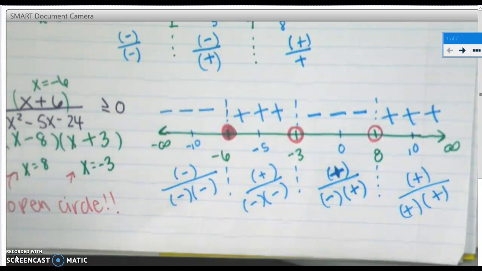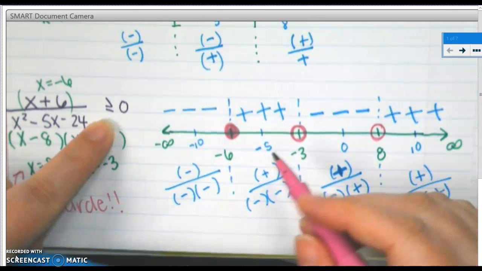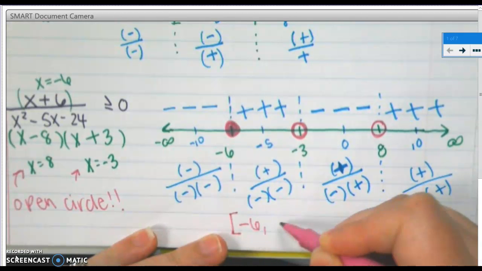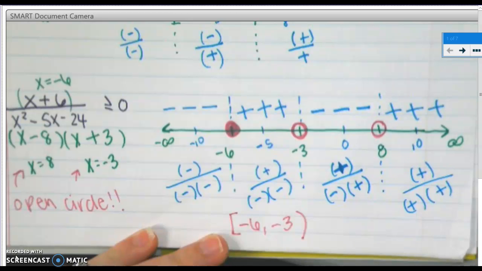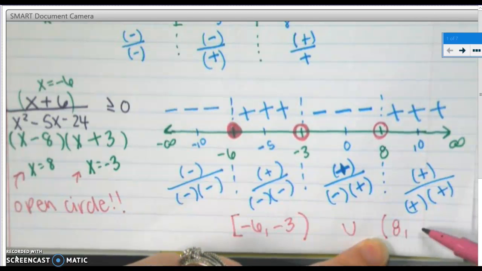All right, and so this time I want my intervals that are greater than or equal to 0, so those are my positives. So this one, bracket on negative 6, parenthesis on negative 3, parenthesis on 8 to infinity.